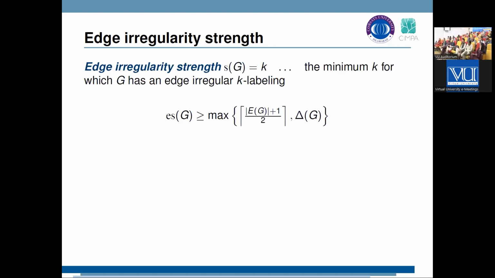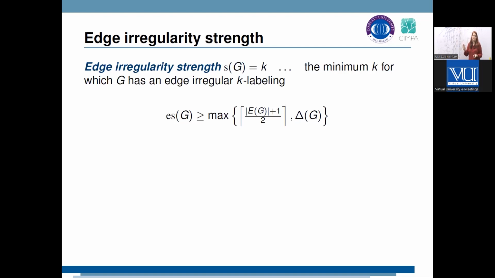The optimal set of edge weights is 3, 4, 5, and so on, up to 2 plus the number of edges in the graph minus 1, so it is exactly the number of edges plus 1. And the edge weight is obtained as a sum of two numbers because the edge has two endpoints, and of course both these numbers must be integers.